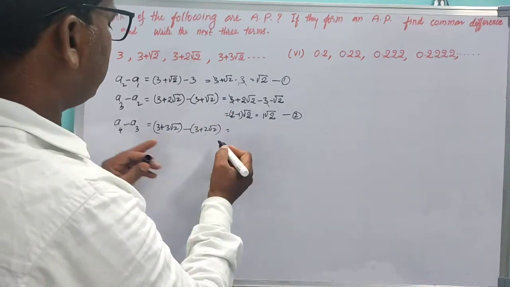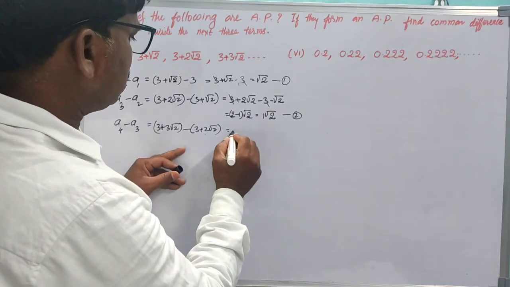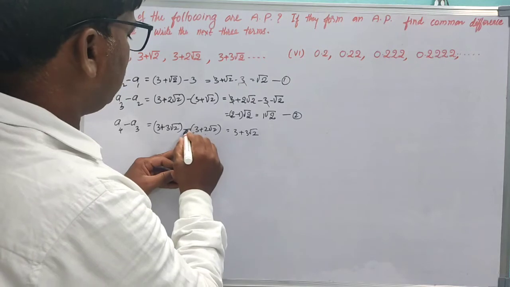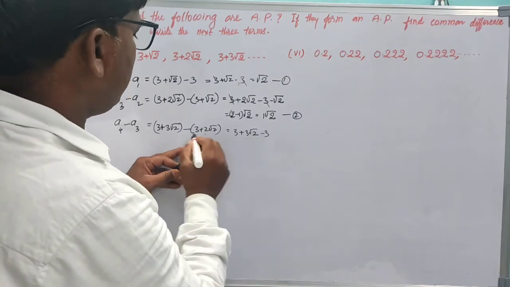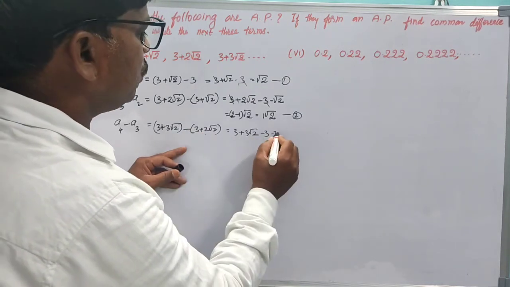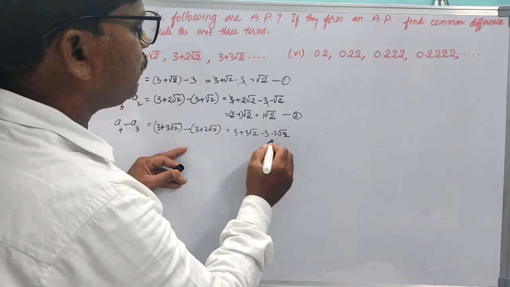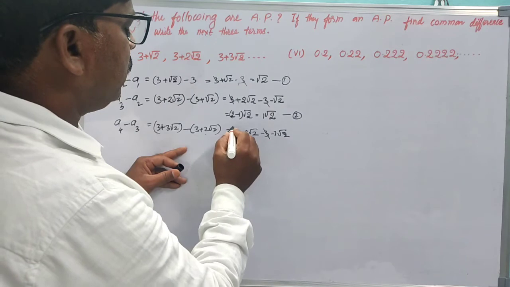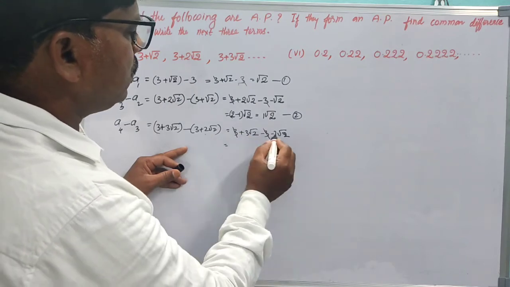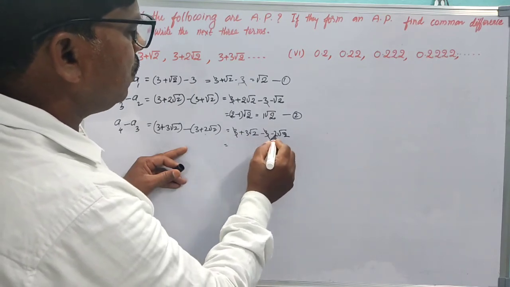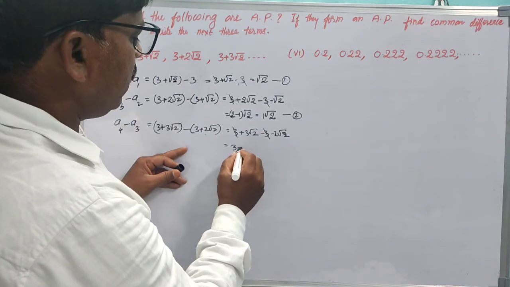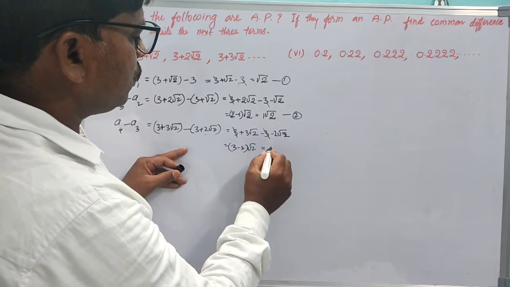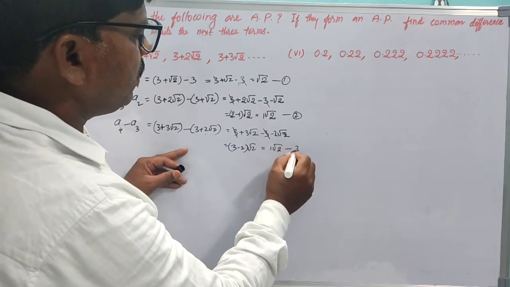Now open this bracket, 3 plus 3 root 2 minus 3, minus into plus minus 2 root 2. Now minus 3 plus 3 gets cancelled. Now see this, 3 root 2 minus 2 root 2. So 3 minus 2 root 2, which is equal to 3 minus 2, so 1 root 2. Let it be 3.